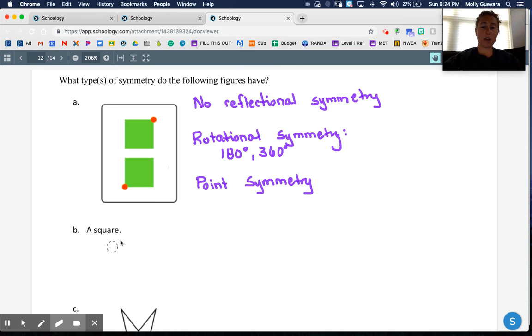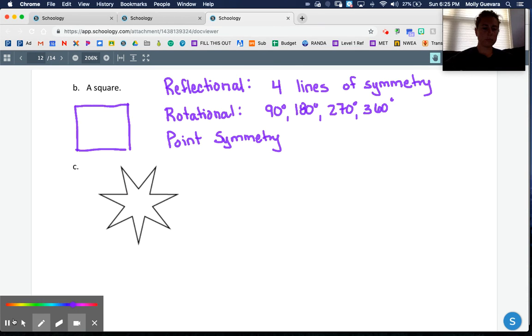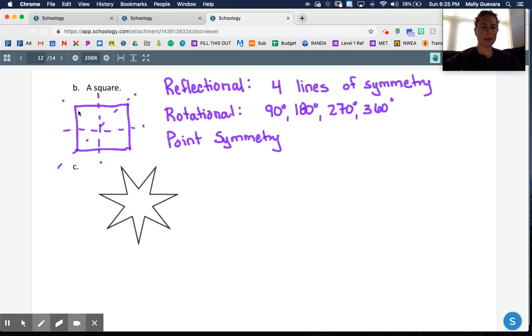If you haven't done the square, go ahead and do the square and then we'll go over it. Okay, let's look at our square here. So for our square, I have 4 lines of symmetry, right? That vertical one, the horizontal one, and then the 2 diagonals. So 4 lines of symmetry.